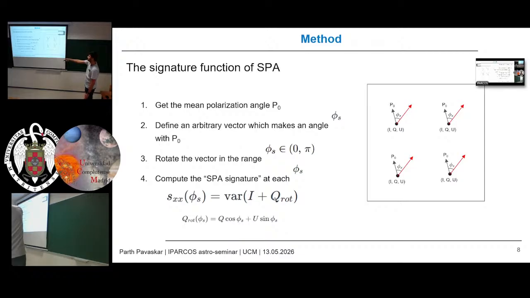It's simply q cosine of phi plus u sine of phi. So you define this red line, the arbitrary vector, and then you rotate it. At each rotation, you compute the variance of I plus q, and that gives you what we call the SPA signature. In case I didn't mention, this method is called the Synchrotron Polarization Analysis, so SPA.